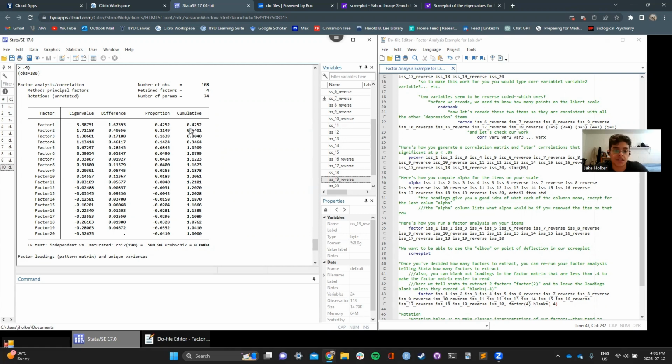And as you can see here, it's all accumulating. So this proportion plus this proportion is 0.64, plus that is 0.8, and then 0.94. If you look at the cumulative, my factor structure accounts for 94.64% of the variance found within my test, which is actually really good, right?